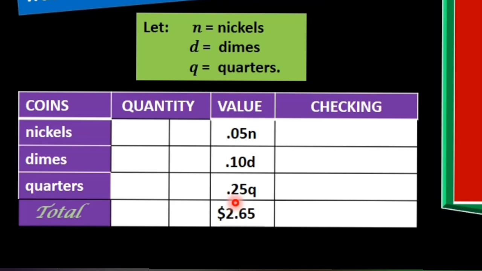Let's translate. Let N be the nickels. The number of dimes exceeded the number of nickels by 1 is the equation. And the number of quarters was equal to the number of nickels decreased by 1.